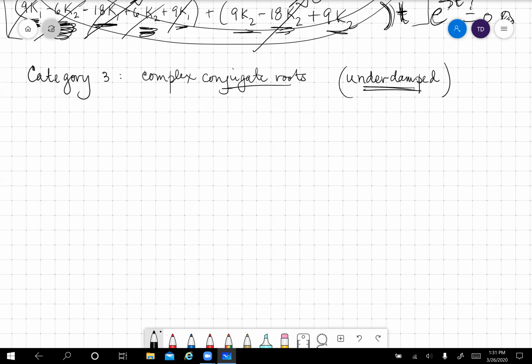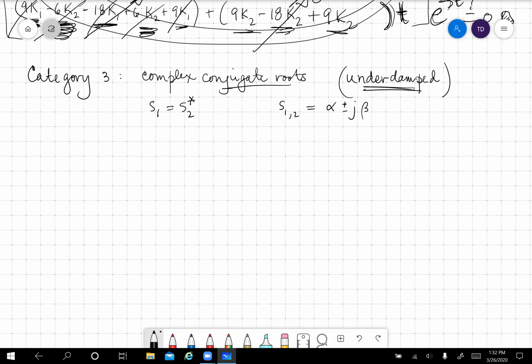And so we know S1 is equal to S2 complex conjugate. We know that. So this is what we're going to write. S1 and S2, different books use different terminology. So I'm going to just say they're complex conjugates. It's going to be alpha plus or minus j beta.